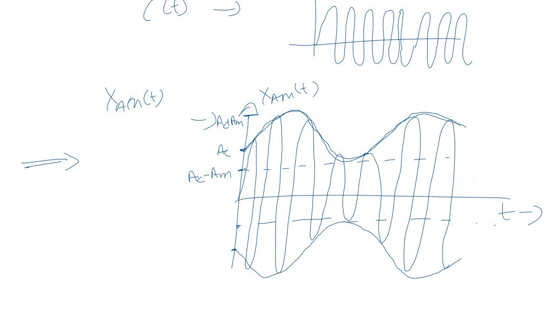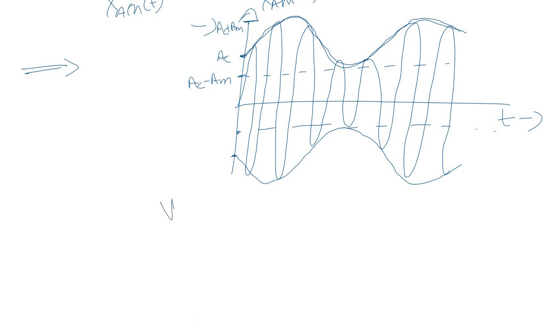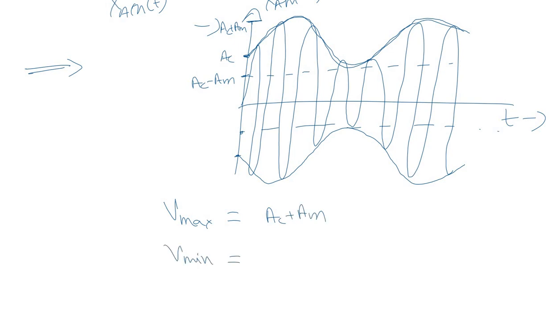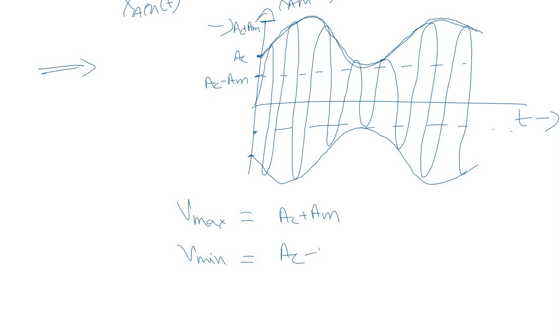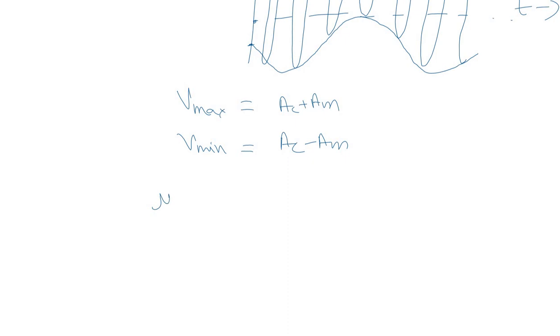We know that the maximum amplitude Vmax available with us is AC plus AM, and the minimum amplitude is AC minus AM. Let us name these Vmax and Vmin. Now we know that the modulation index mu is equal to the ratio AM by AC.